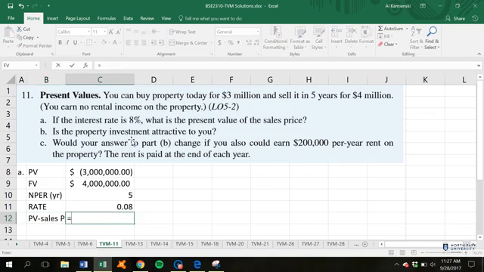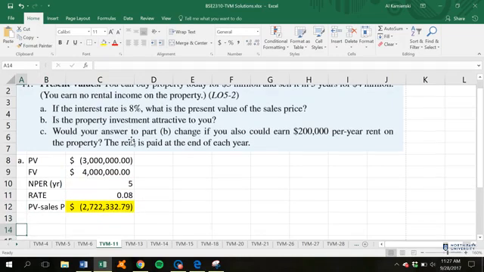So we'll drop in our equals PV formula, rate of 8%, 5 years away, no payment, future value is 4 million. And what we see our answer there for that first part A is $2.722 million.